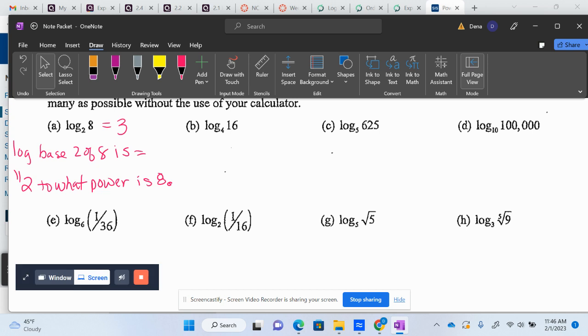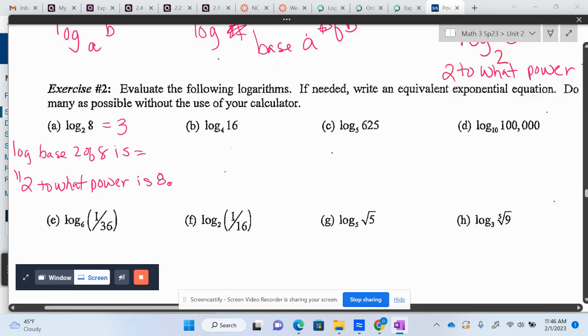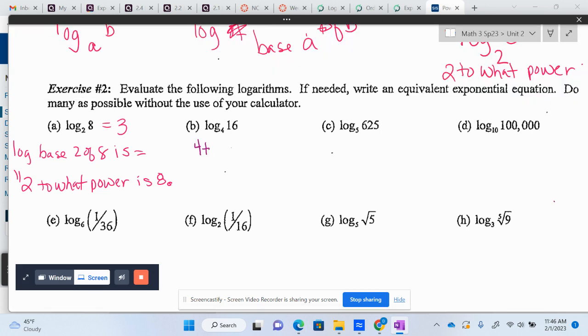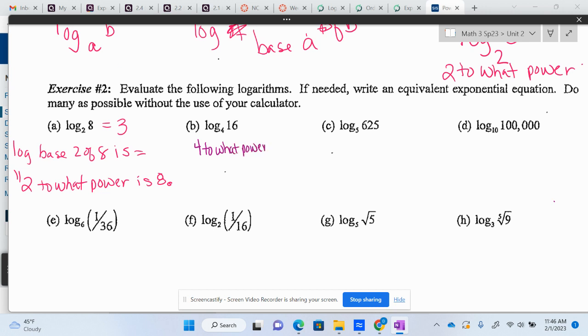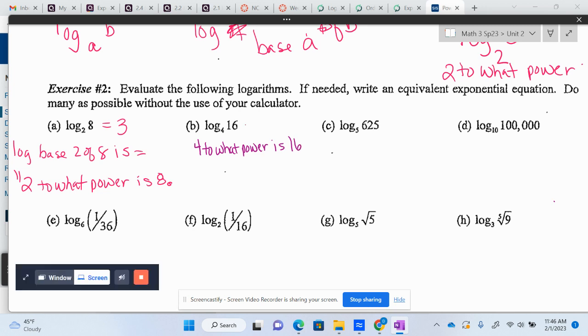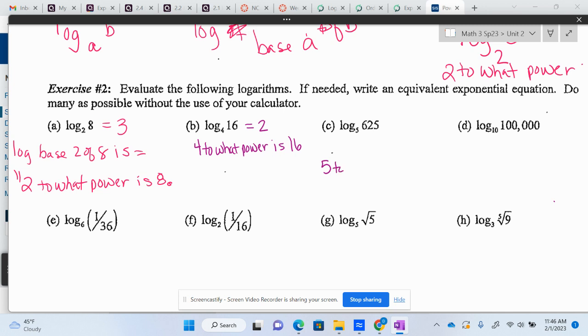So let's look at the next example. So this says 4 to what power is 16? The second power. So this equals 2. The next one says 5 to what power is 625?